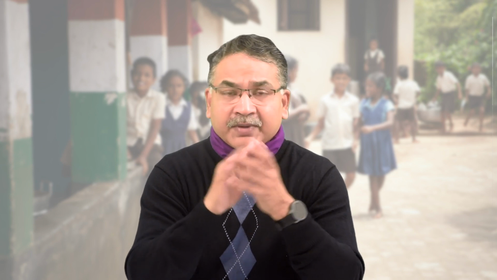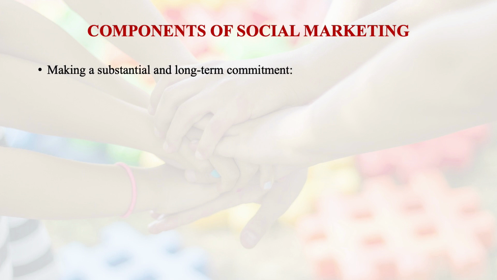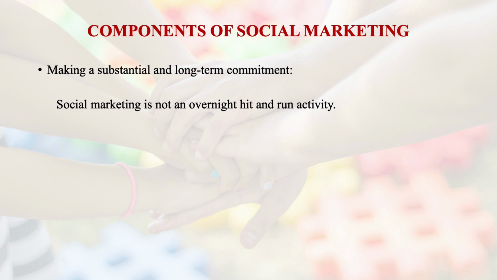Now, what are the basic essential features for developing a substantial and long-term commitment in social marketing? How can it be done? This question may come to your mind. So, social marketing is not an overnight hit and run activity. It is a prolonged process which is planned with a lot of market research and understanding about the social beliefs, ideas, and behavioral patterns of the target group.